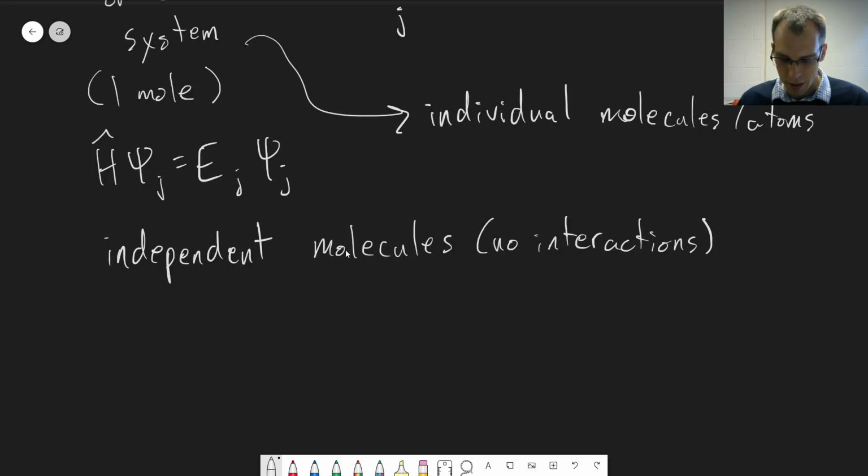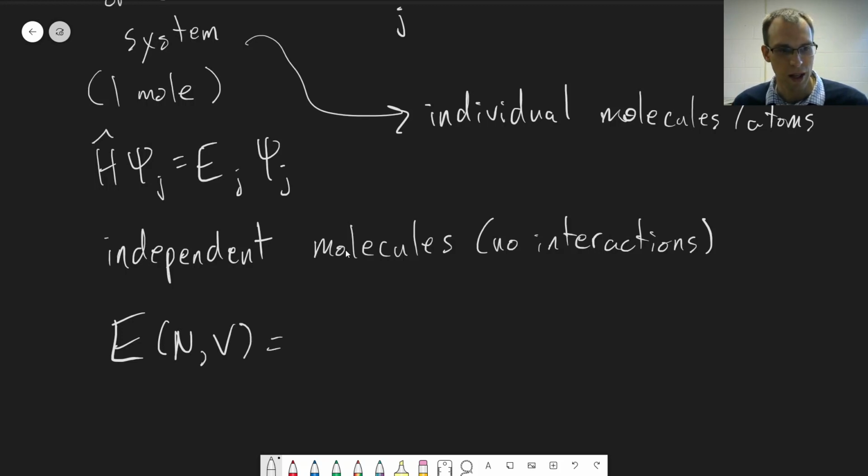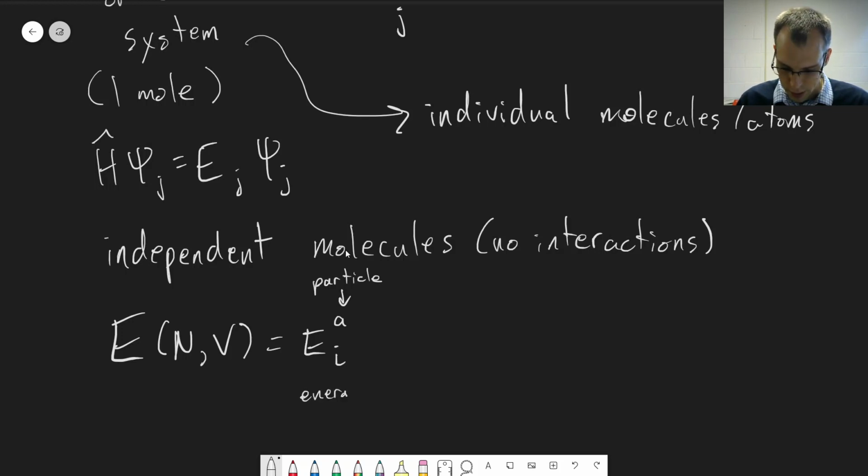The simplest thing we can do is say, okay, let's take our energy for a particular state. If we have N molecules in a given volume, we take each particle, which we'll call particle A, whichever particle we're considering, and ask what its energy state is.